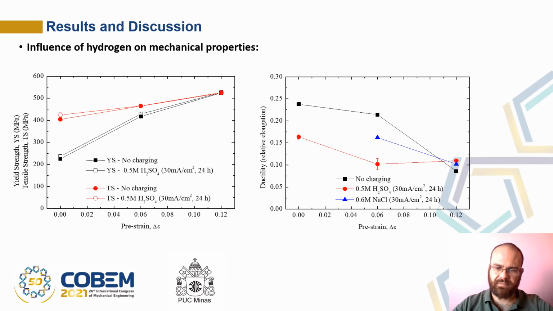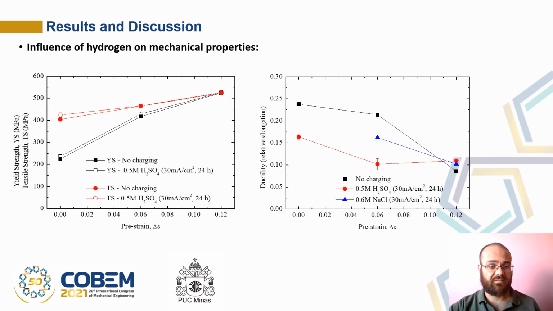The results of the mechanical property examinations are summarized here. We can see that there is an increase in yield strength and tensile strength with the level of pre-strain, but the mechanical strength itself is not affected by hydrogen.